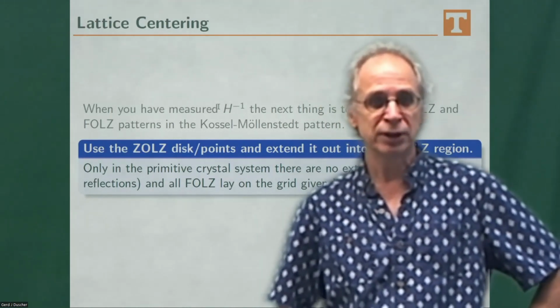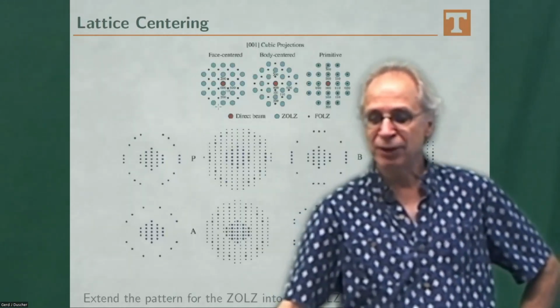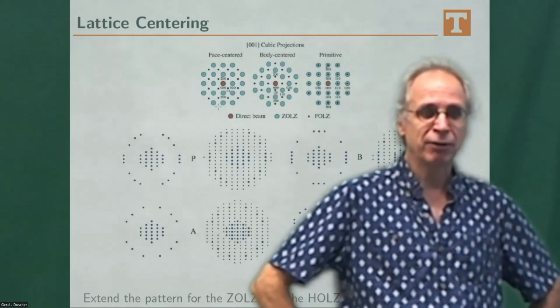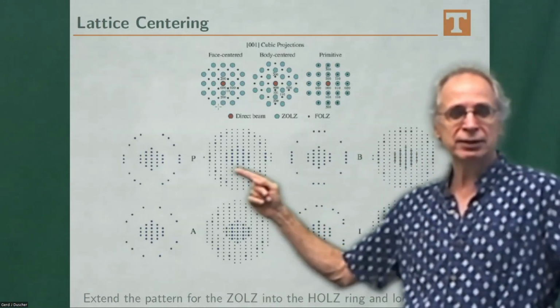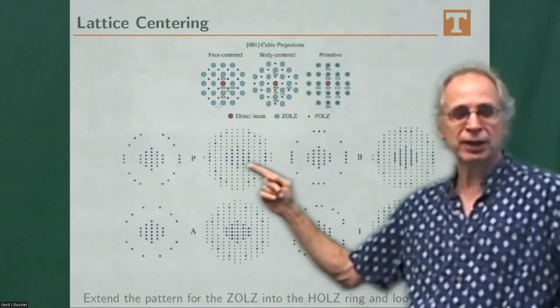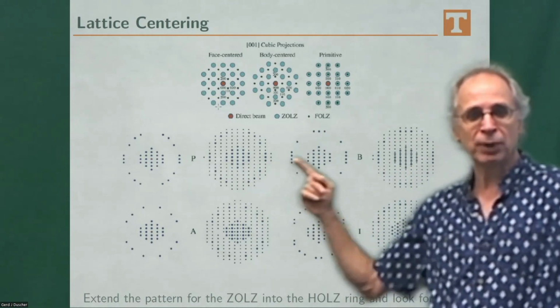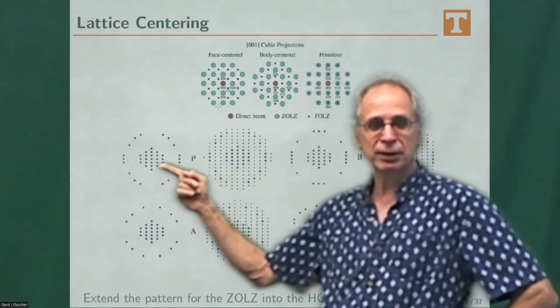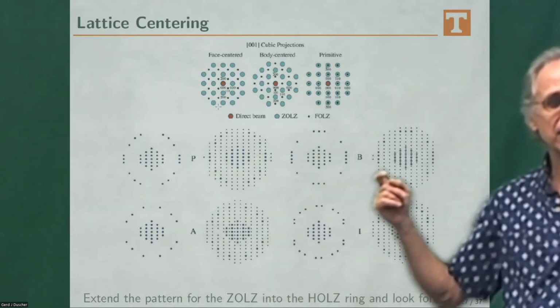If you don't know it, is it the first ring? Is it the second ring? Well, we can actually determine that directly by overlaying the zero-order Laue zone pattern with the higher-order Laue zone pattern and see how they combine. In a primitive one, it will just coincide.